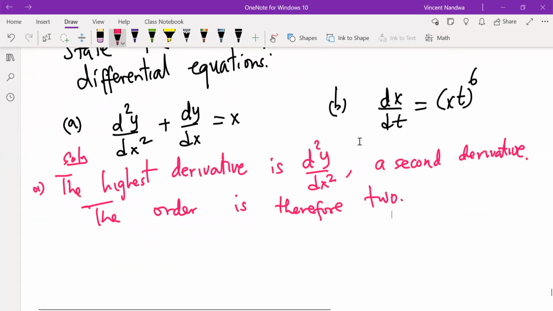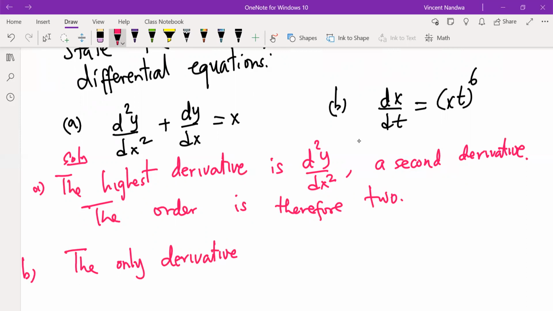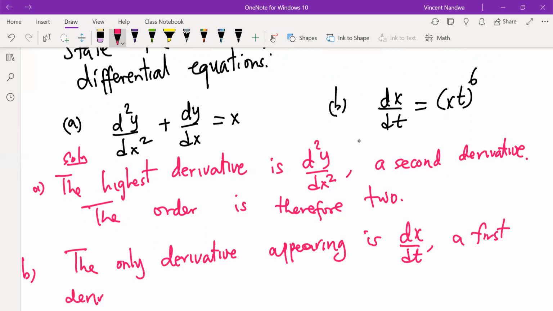And then in the second one, B, the only derivative appearing is dx/dt, a first derivative, so the order is therefore 1.